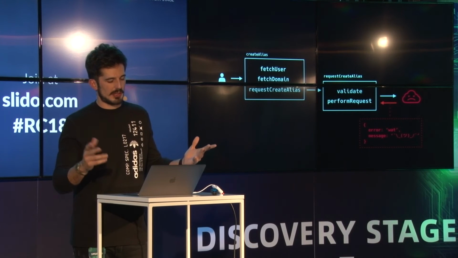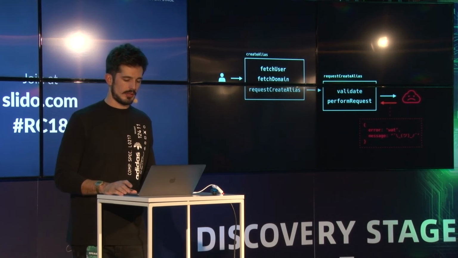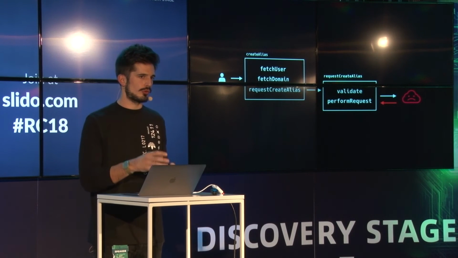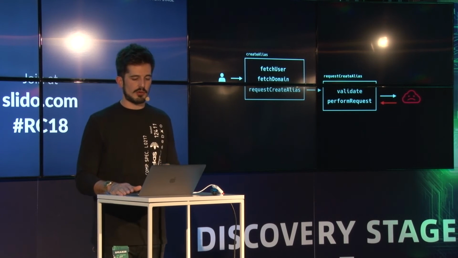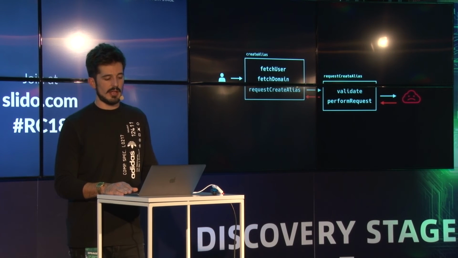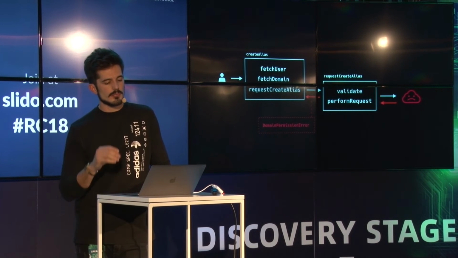But there is also a different context for this unknown error space, which is when you add new errors to your internal functions, to functions that are part of your code base. Like, for example, imagine that this perform request is going to return a new error called domain permission error.